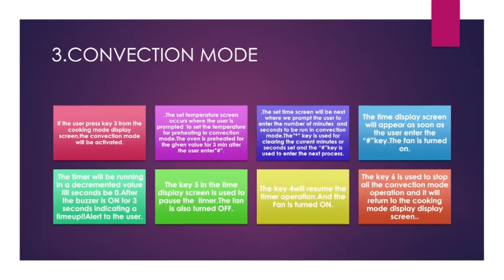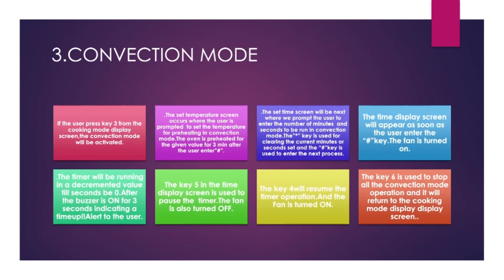Third is convection mode. Step 1: when the user presses key 3 from the cooking mode display screen, then the convection mode will be activated. The set temperature screen opens, where the user is prompted to set the temperature for preheating in convection mode.